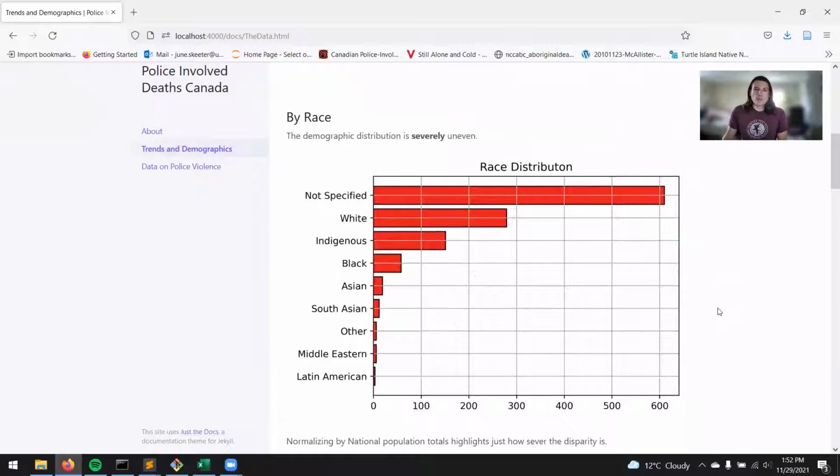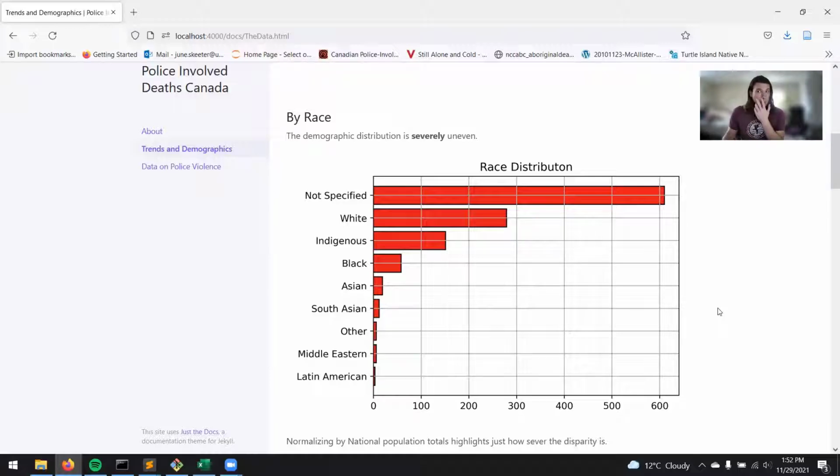Now, one of the biggest issues with this is that the demographics are severely skewed. The killings by police are often racially motivated, and police bias plays a considerable role in this.